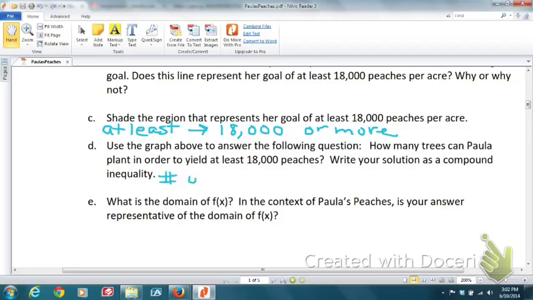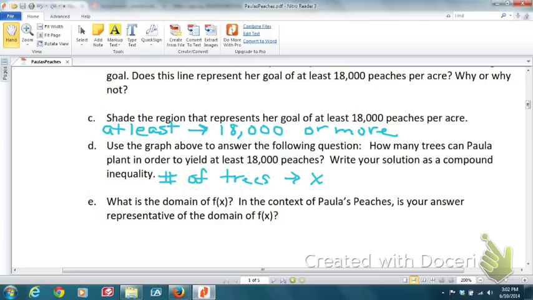So number of trees, that is your x value. So you need to see what number of trees, looking at the x's, would give you 18,000 peaches or more. Then it says, write your solution as a compound inequality.